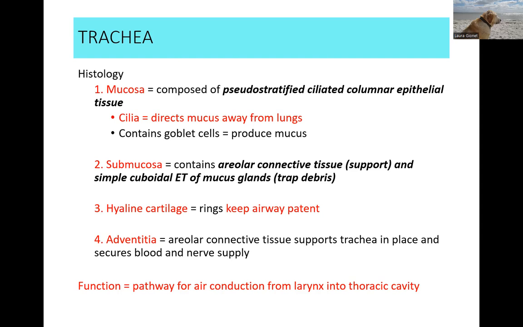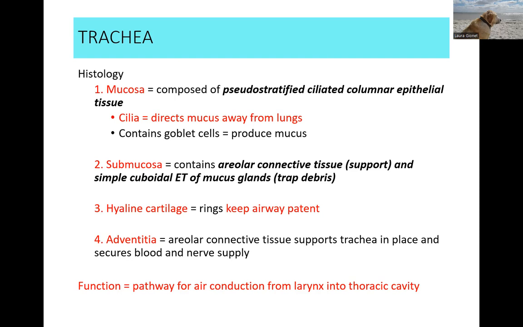The outer layers of all these organs have some kind of connective tissue, and frequently it's areolar connective tissue, because it allows for stretch in different directions because of all those collagen and elastin fibers. Not that there's a lot of stretch of the trachea, but it's the reason why you can flex your head forward and back and side to side and rotate.